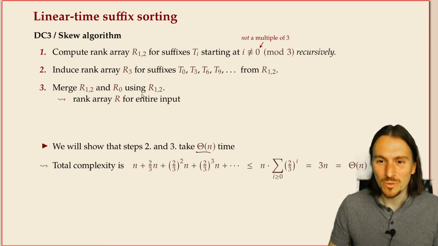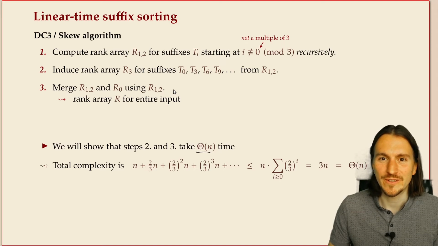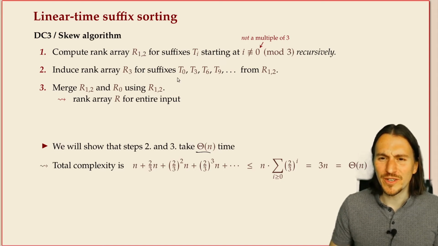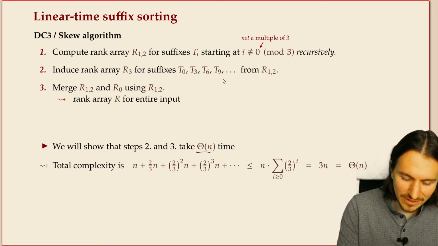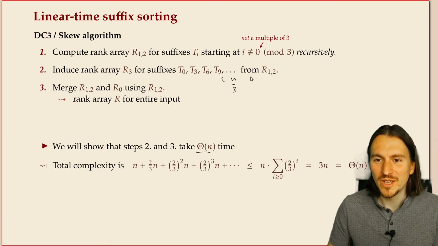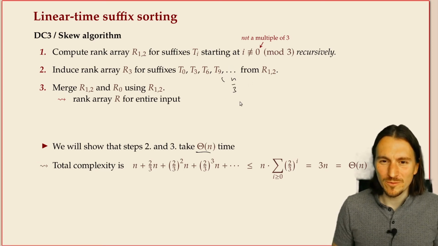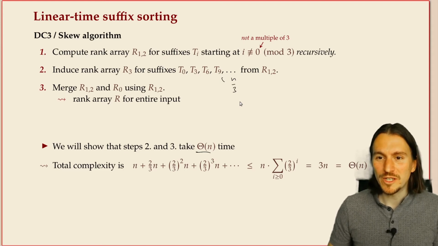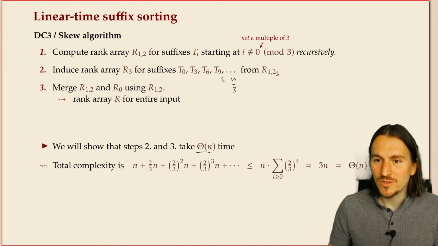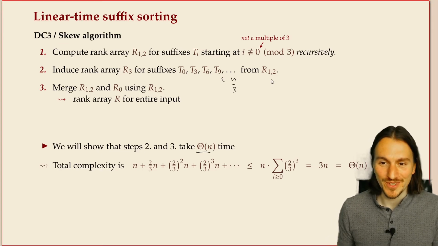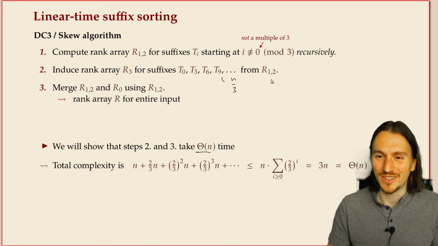So we have to speed up comparisons in this third step for that to run in linear time. And for the second step, we're sorting. These are still roughly n/3 suffixes, right? So if we were to sort them with any simple means, it would take n log n time. We have to do it in linear time. So we have to use this information that we've computed recursively for that. And that will be the main trick of this algorithm.